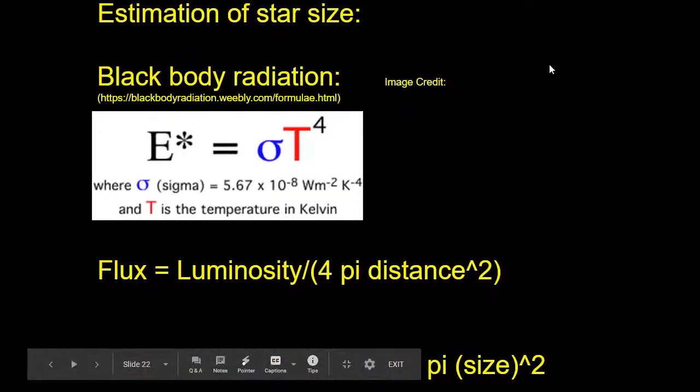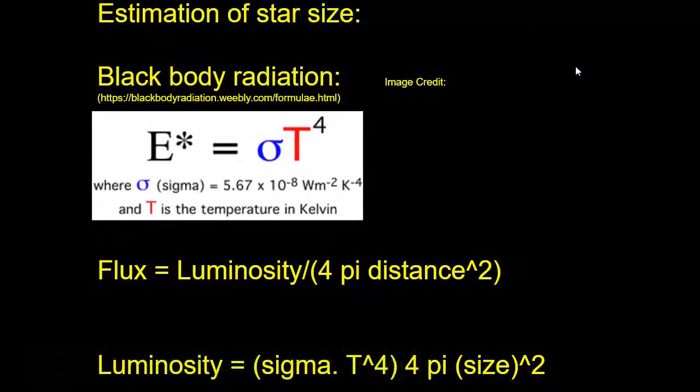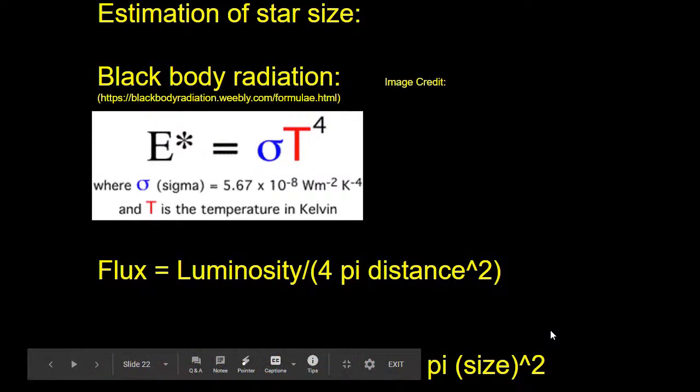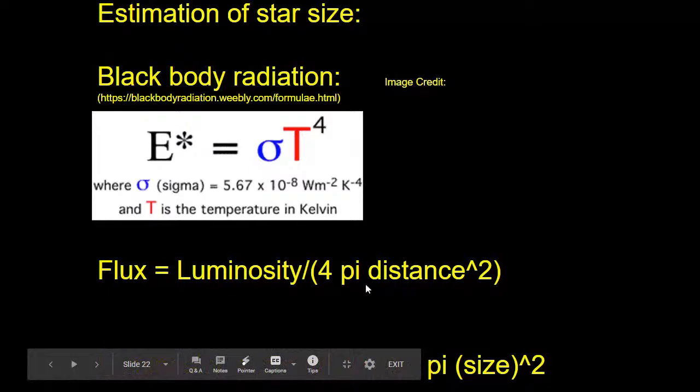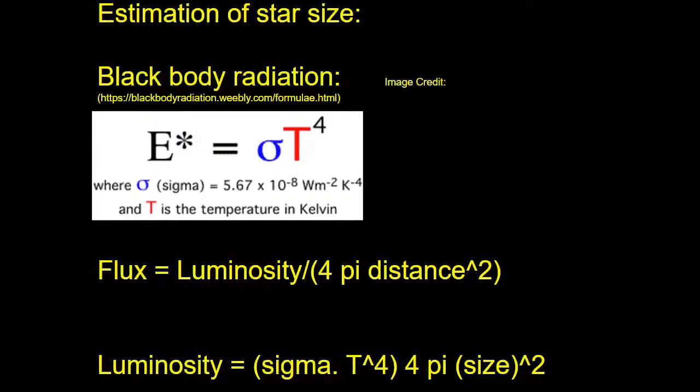Luminosity will be simply sigma multiplied by T raised to the power 4 times 4 pi times the square of the radius of the star. So luminosity can be estimated as a function of radius, but the luminosity also can be ascertained by measuring the flux and knowing the distance of the star. Combining both of them, one can estimate the radius of the star. And this is what astronomers keep doing.